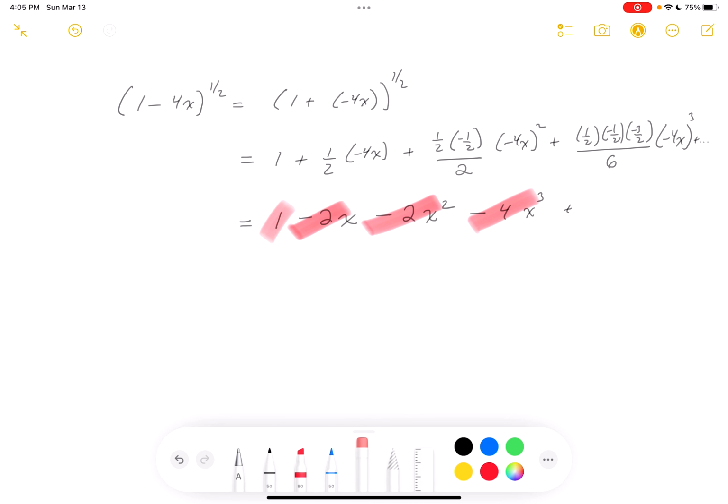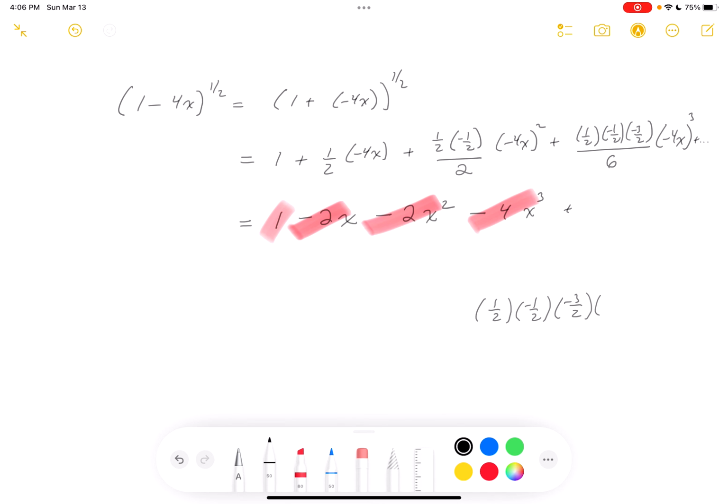Let's write this down. It should be easy to do, by the way. And I have to be careful here. 1/2 times minus 1/2 times minus 3 over 2.